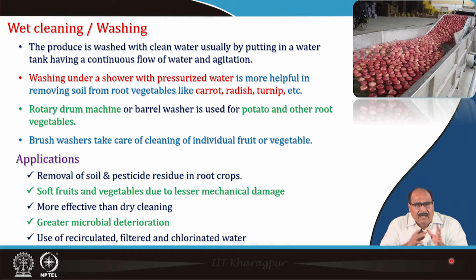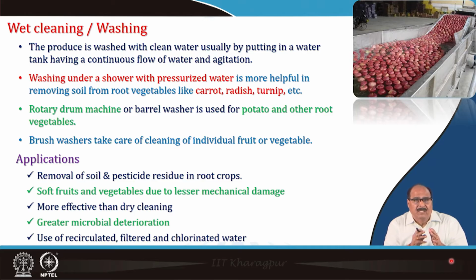Wet cleaning, or in other words washing: the produce is washed with clean water, usually by putting it in a water tank having a continuous flow of water with agitation, depending upon the type of dirt which is present. Washing under a shower with pressurized water is more helpful in removing soil from root vegetables like carrot, radish, turnip, etc. Rotary drum machines or barrel washers are used for potato and other root vegetables.